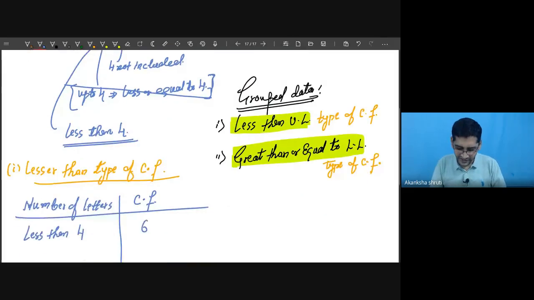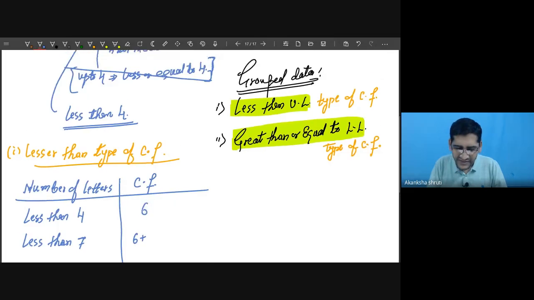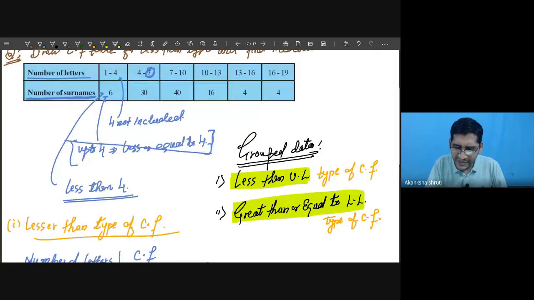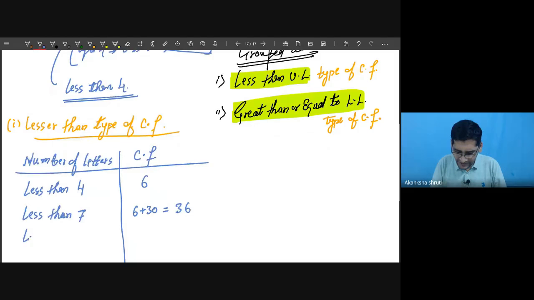So write less than 7. While writing less than 7, this is including the 4 also, plus between 4 to 7 is our 30. So it becomes 36.